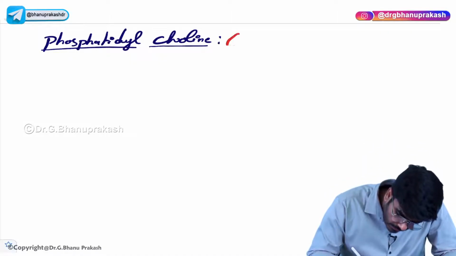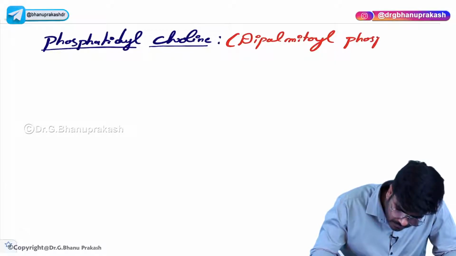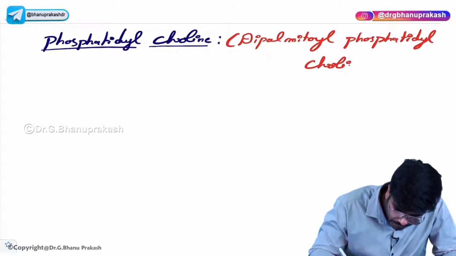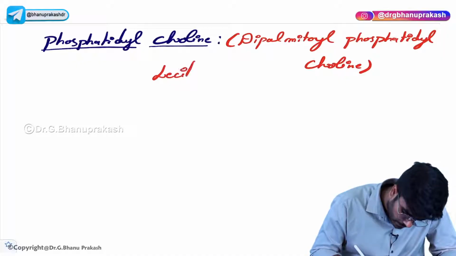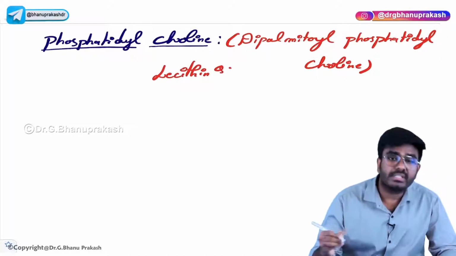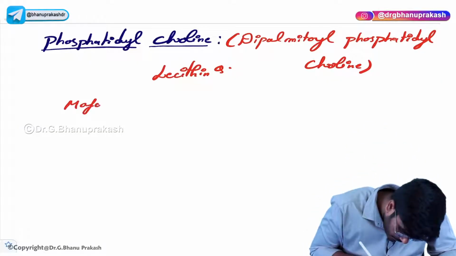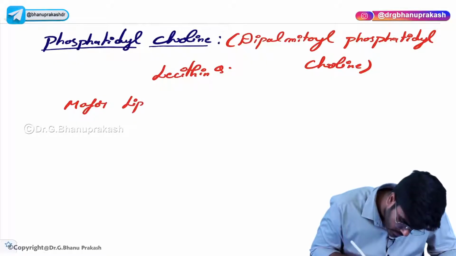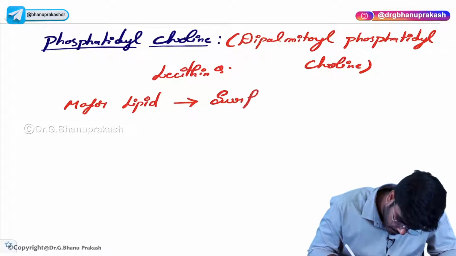The full name is dipalmitoyl phosphatidylcholine, also called lecithin. I have already taught you this. Now, this lecithin is the major lipid in something called surfactant.